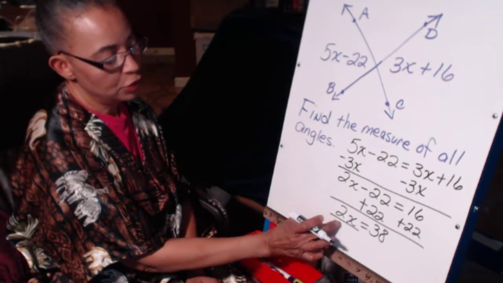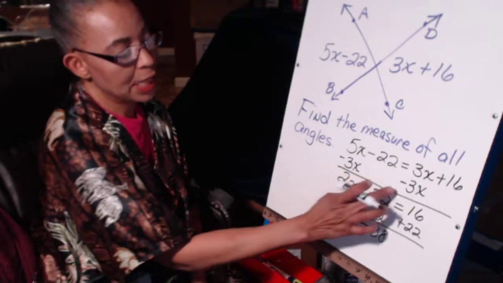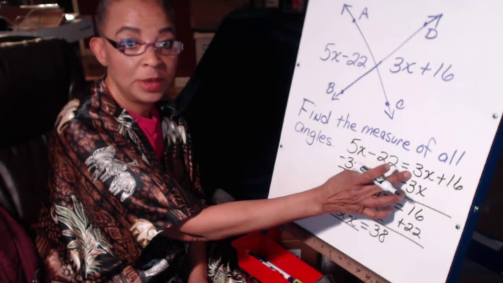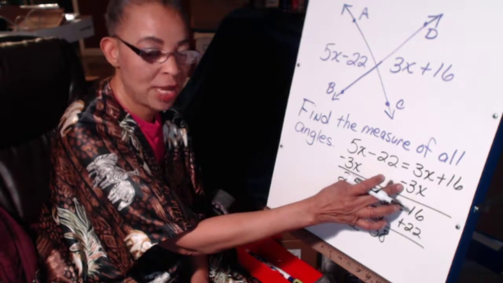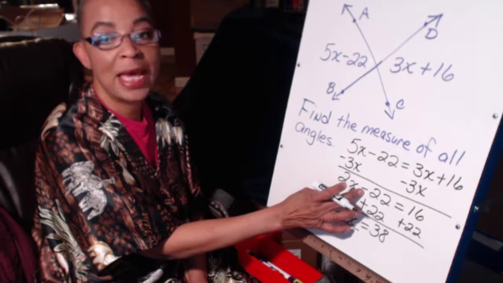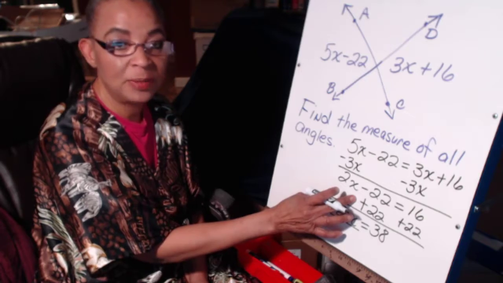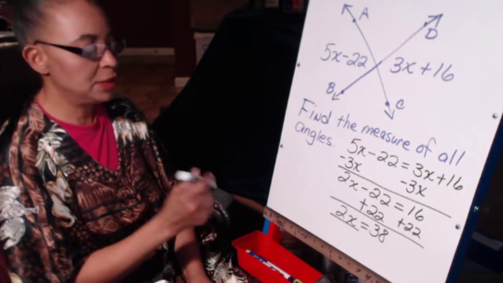Now, the 2 and the x came together by addition. The reason I was able to subtract the 3x is because the 3x originally is positive, so to cancel it, I had to subtract it. The same with the 22. The 22 had a minus sign in front of it, so to cancel it from the left-hand side, I had to add it. That gives me 0.